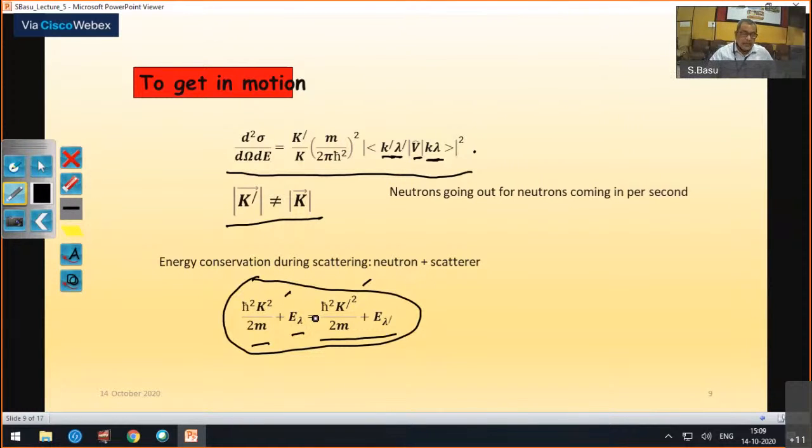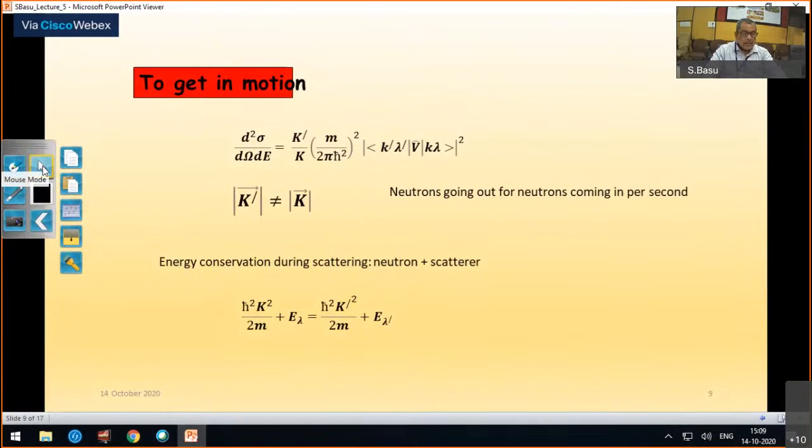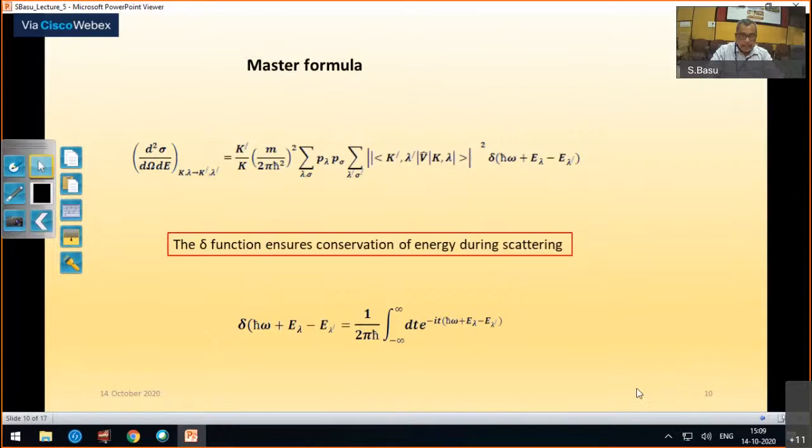With this, how do I introduce this? Now, please understand this. You look at this expression, and I'll explain it term by term.